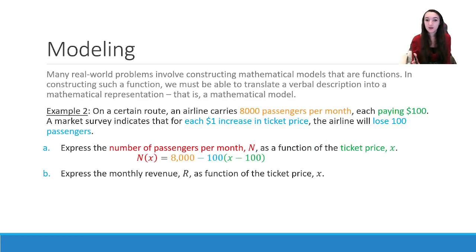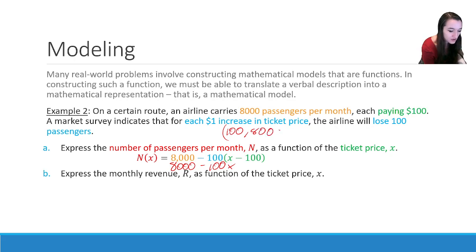So the equation I came up with is n of x equals 8,000 minus 100 times x minus 100. Notice that if my equation had been simply 8,000 minus 100x, then that point, 100, 8,000, would not fit into this equation.